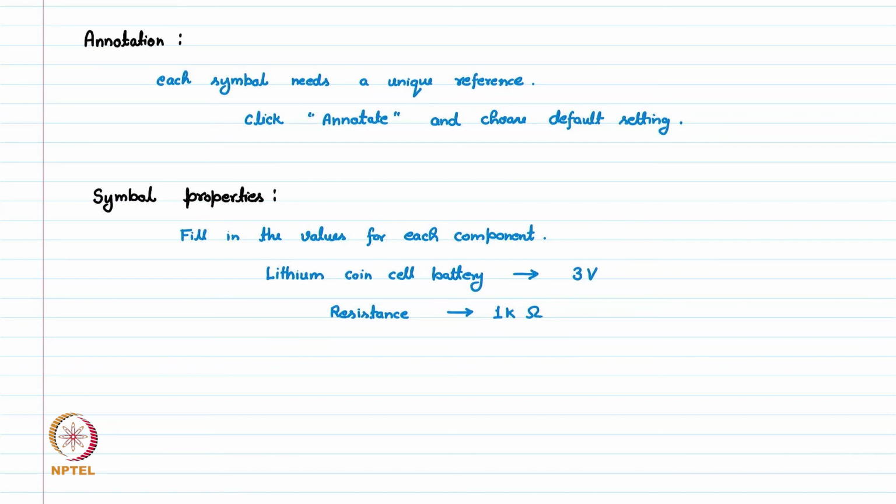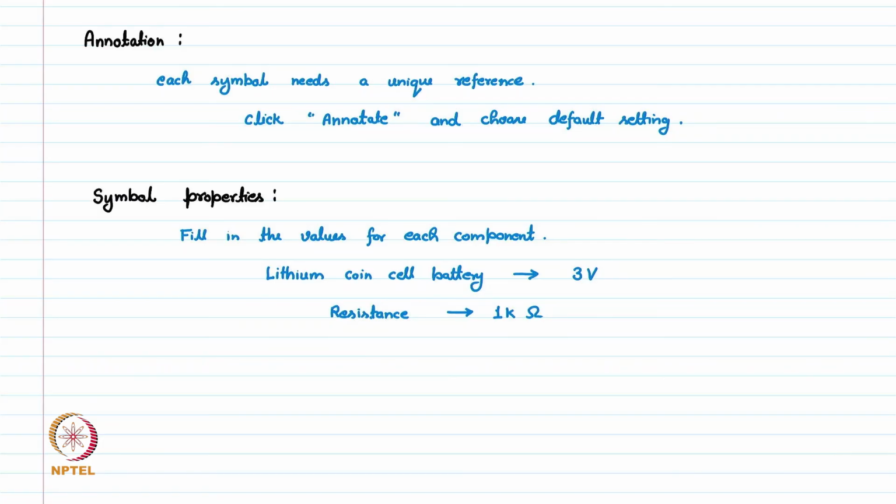So once we do these symbol properties, now is the step to assign the symbol a particular footprint. As we discussed, without footprint we can create the schematic where we are taking the symbols and joining them to make a circuit. However, to make a PCB we need the actual footprint of that particular component.